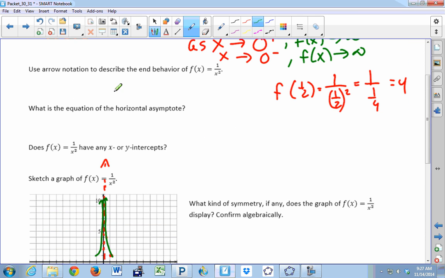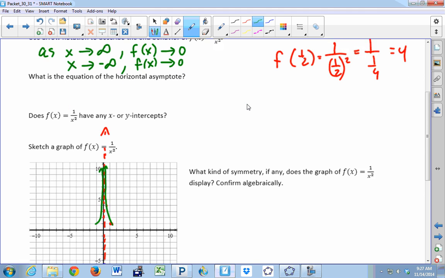All right. What about the end behavior? The end behavior says what happens to my function as x doesn't approach a specific value like it does with the vertical asymptote, but as x goes towards positive infinity and negative infinity. What's going to happen to the value of f of x? As I get really, really big numbers like 100, and I do 1 over 100 squared, it's going to definitely approach 0, in both directions.